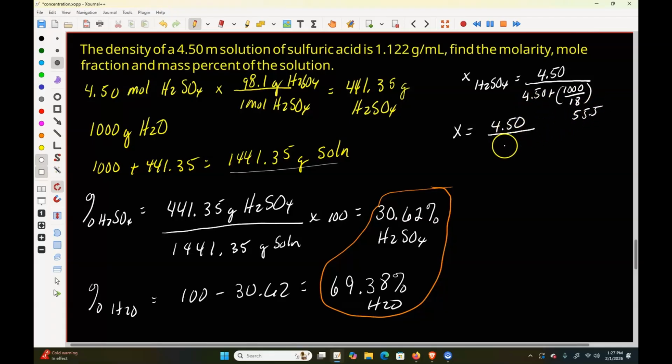So 4.5 plus 55.5 will be 60.06. So for my sulfuric acid, that's going to be 0.075 H2SO4. If I say 1 minus this, that would give me 0.925, which is the mole fraction for water.